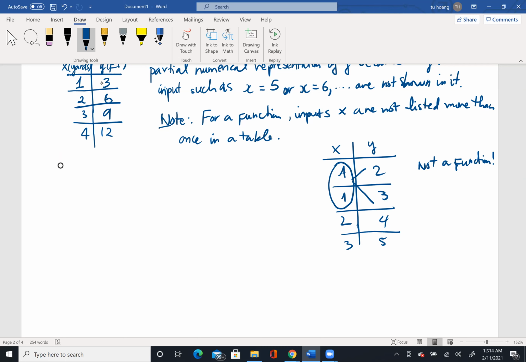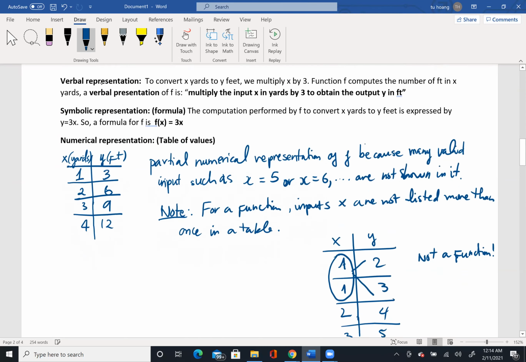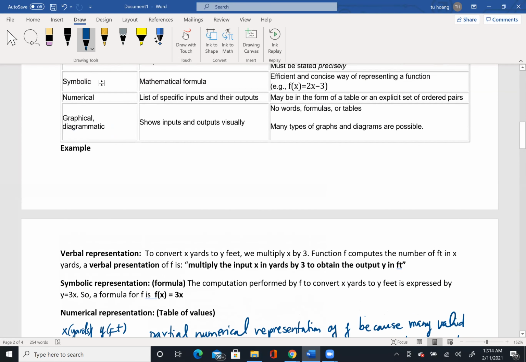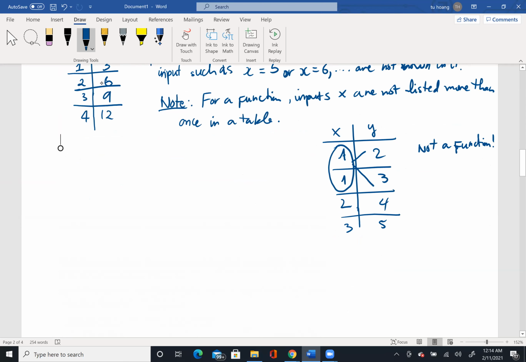Okay, what else do I miss? We have numerical, we have symbolic, we have verbal, and now we come to the graphical. Okay, all right, move down here. Graphical representation, which is a graph. Okay, you may ask me, hey, how can I graph a function, right?